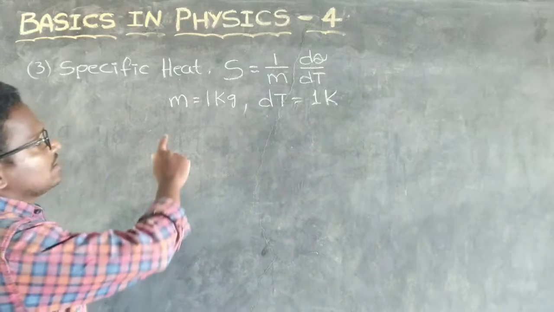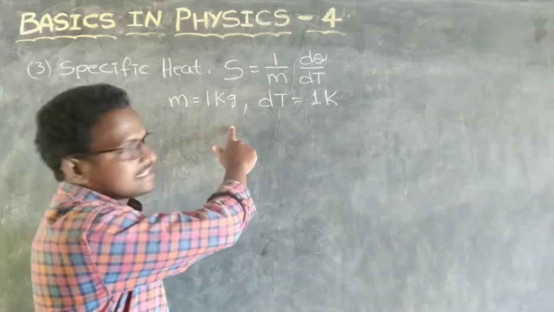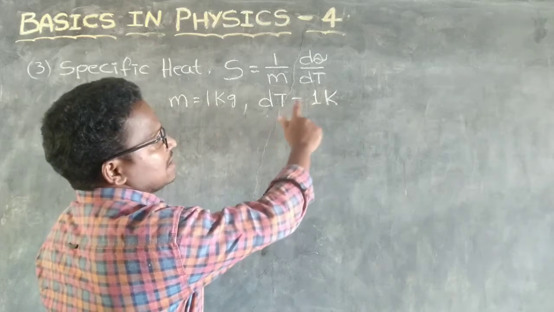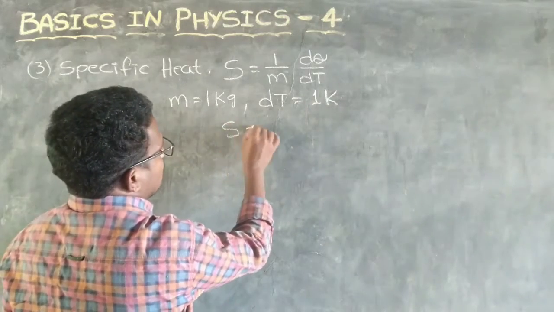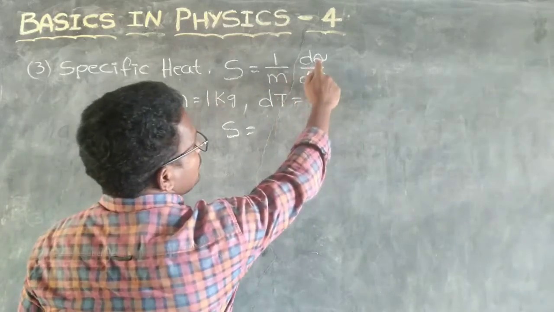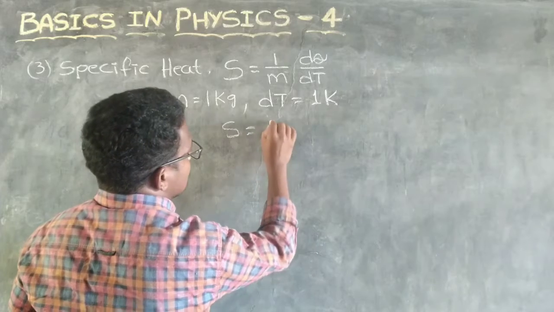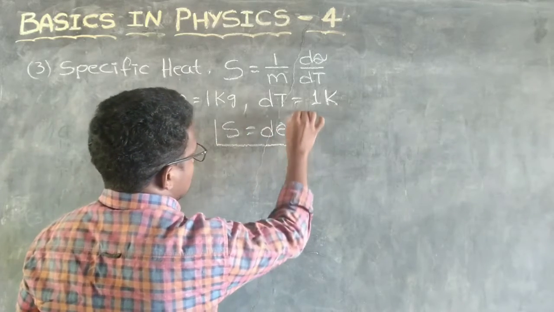Here I'm considering m equal to 1 kg and dT equal to 1 Kelvin. S equal to, putting m equal to 1, 1 by 1 means 1, so dq by 1 means dq. So S equal to dq. This is the answer.